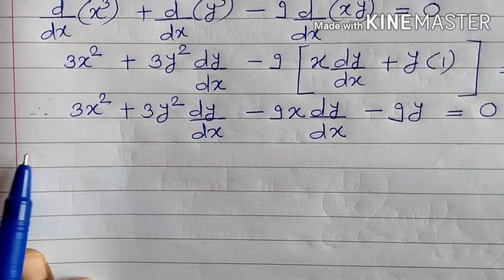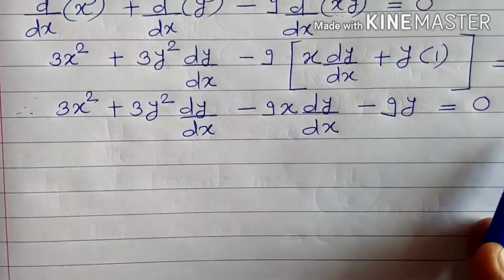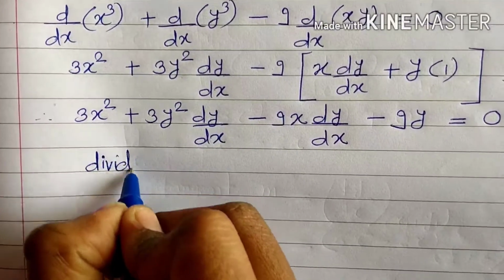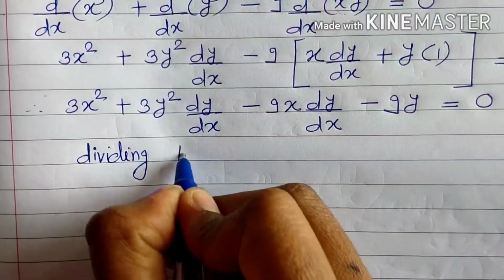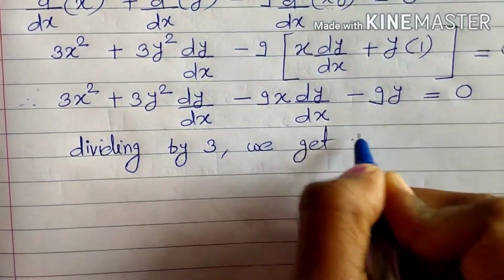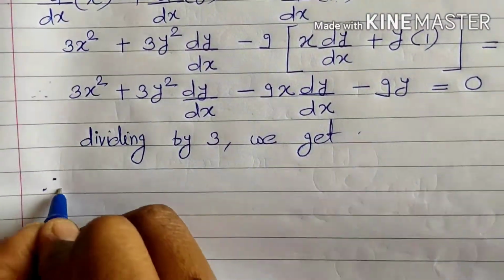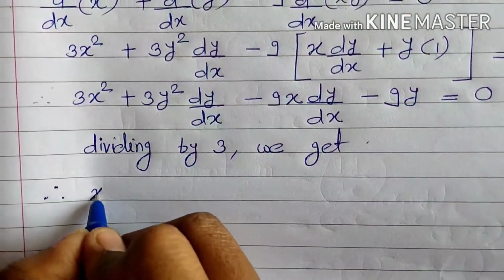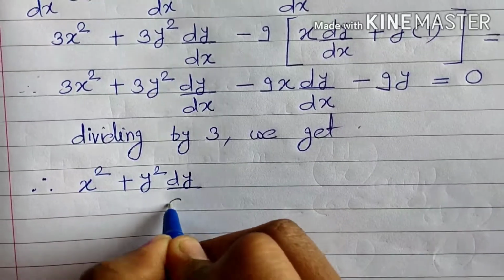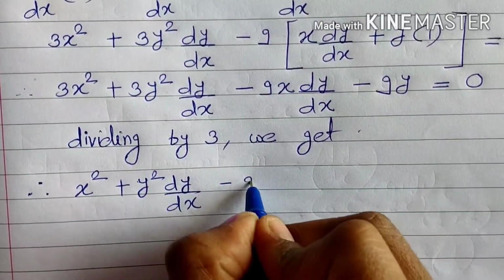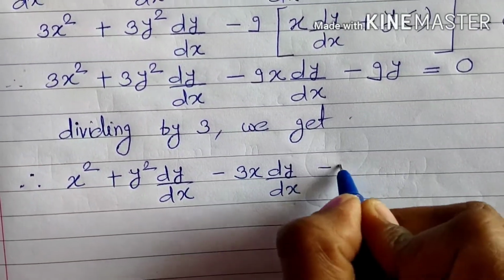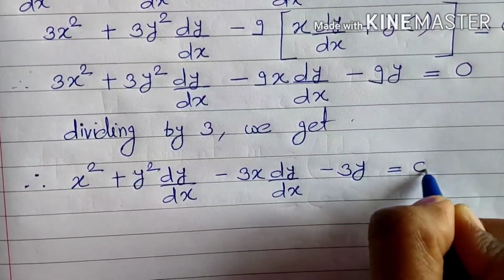Now dividing 3 throughout the equation, when you divide, then you get very simple expression: x square plus y square dy by dx minus 3x dy by dx minus 3y is equal to 0.